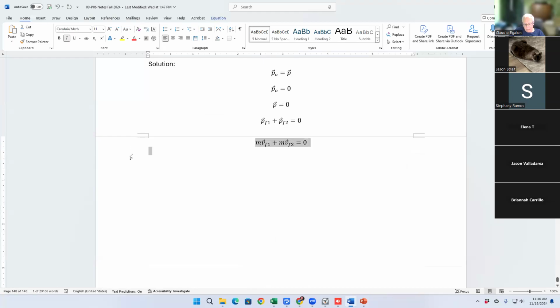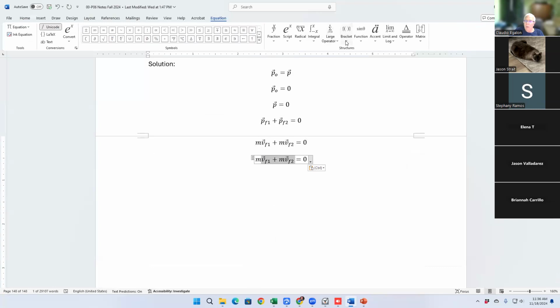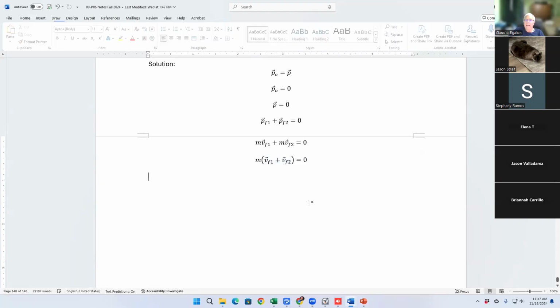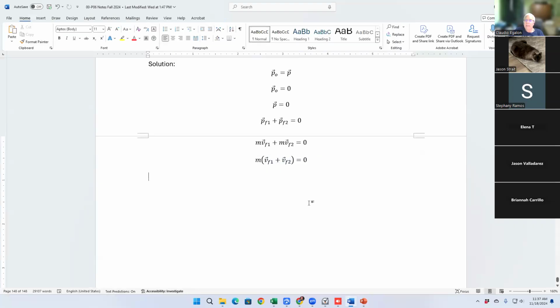We've got to put M in evidence, like that. M cannot be 0. Since M is different from 0, the other term must be equal to 0.